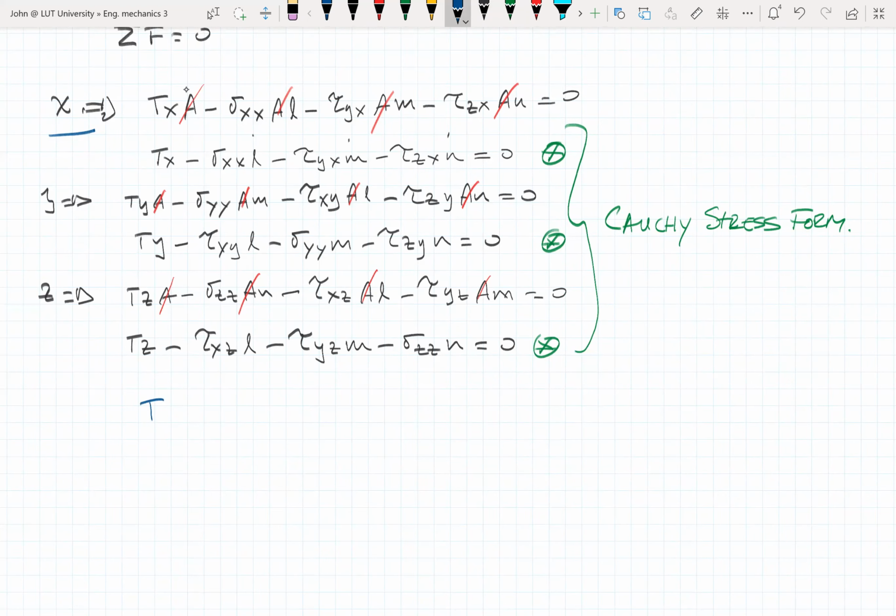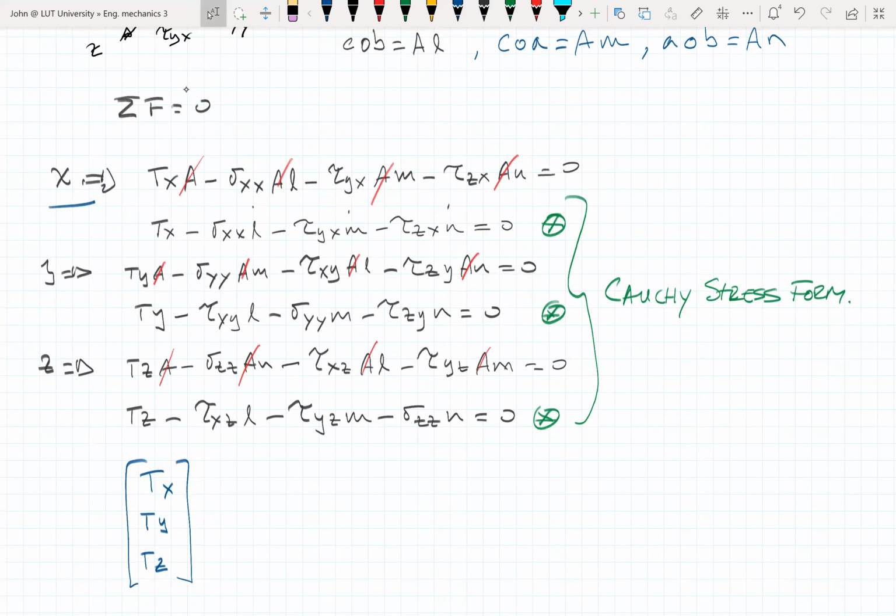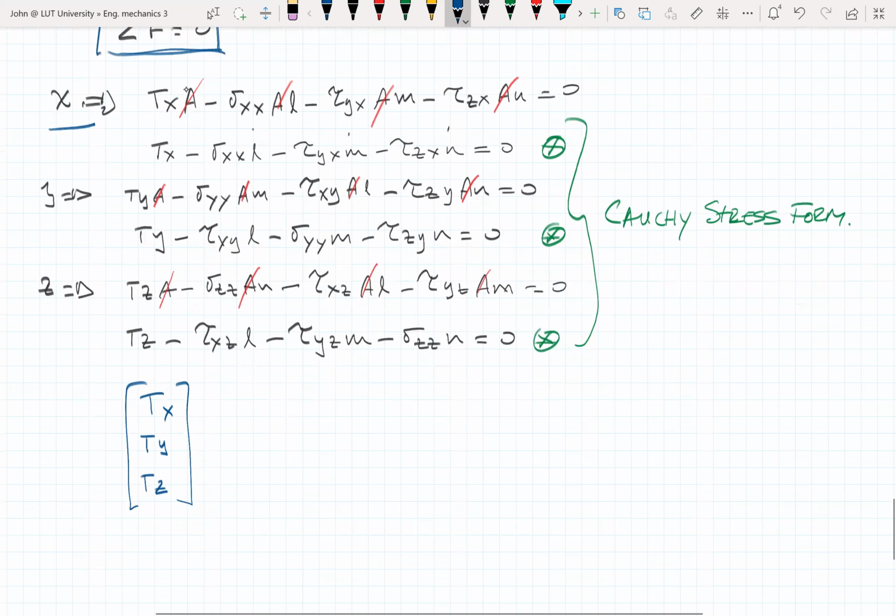It's going to be Tx, Ty, and Tz. Even though, again, it's important to mention, even though we use forces for our equilibrium operation, we end up just working with stresses, and that's what we wanted.